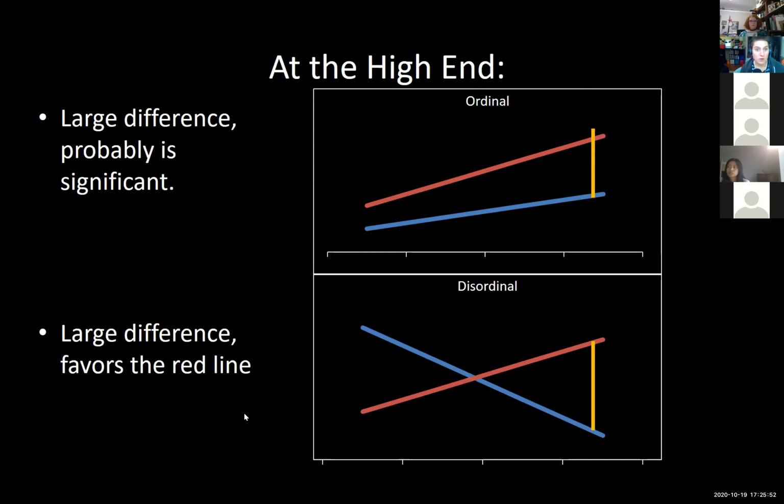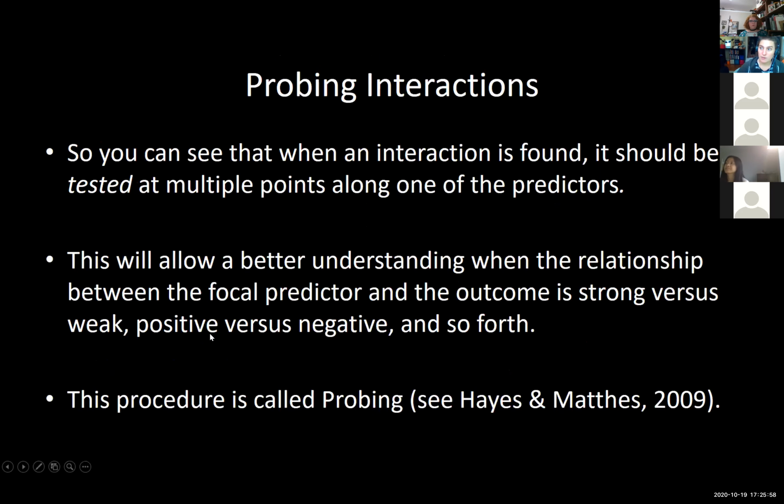How do you know if those slopes are significantly different from 0? The way you do that is by probing the interaction. This will let you get a better understanding of when the relationship between one predictor and the outcome is strong, is positive, or is negative.